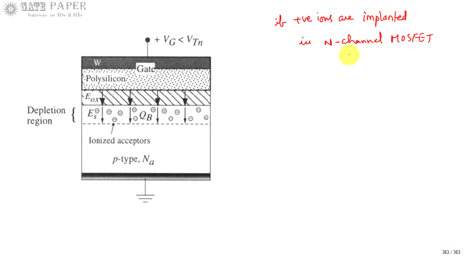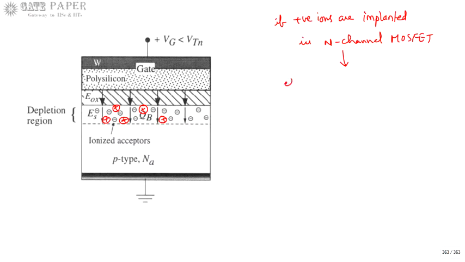The N channel MOSFET consists of a P type substrate, that is what the diagram I have given. Okay, in this one, if you add positive charges, one positive ion is going to neutralize a negative ion that is already present. Okay, so the effective charge is going to be reduced.